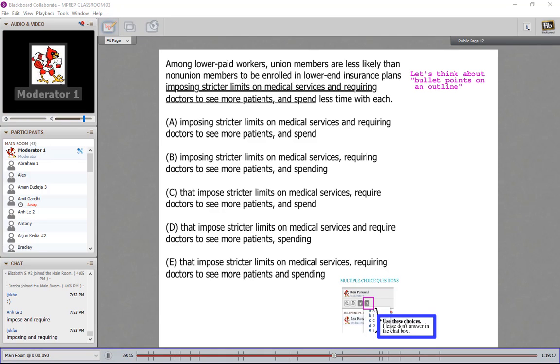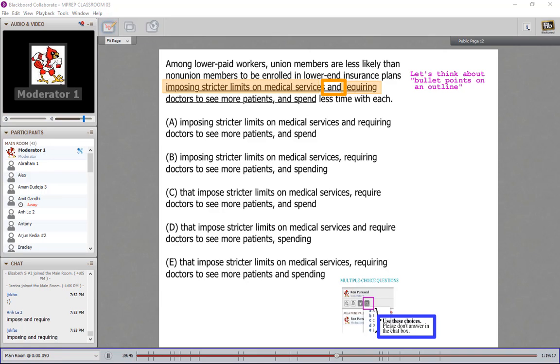So yeah, there are 2 things that insurance plans do. They impose limits, and they require doctors to see a larger number of patients. You bet. They do that. There are 2 things. And, you know, insurance plans don't spend time with patients. So if that last thing was parallel with those, that would be a serious problem.